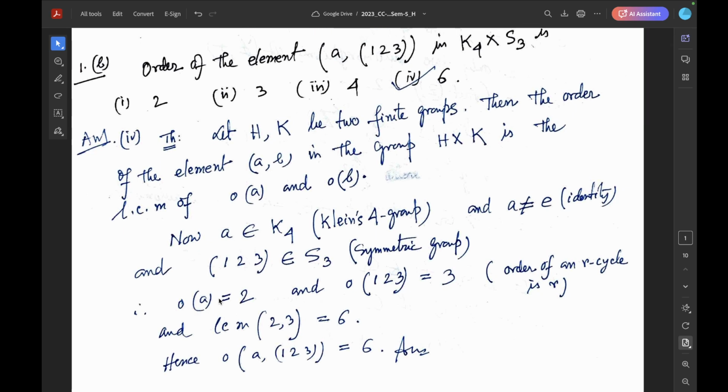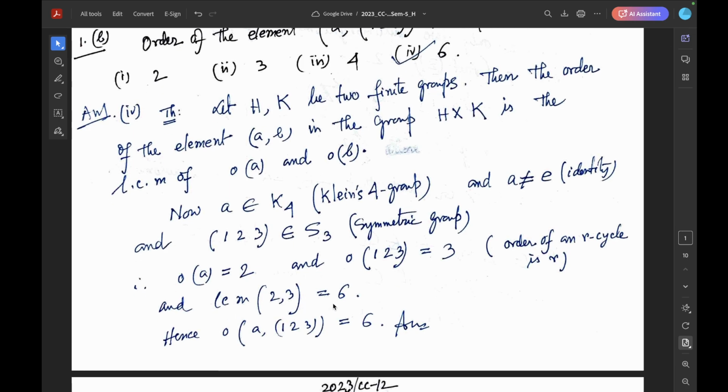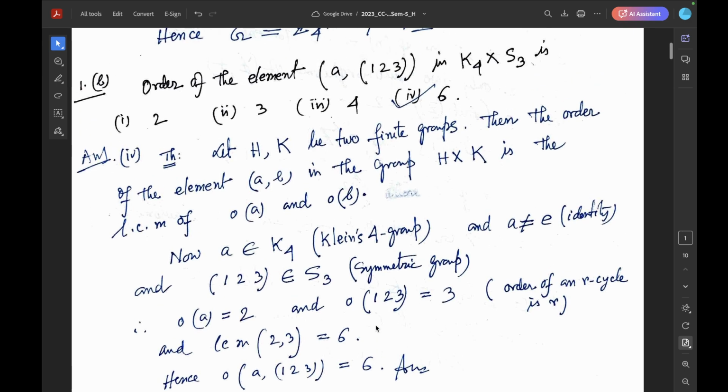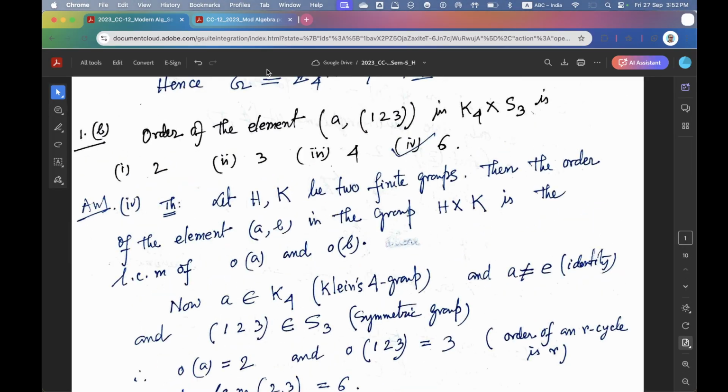Order of a equal to 2, because a belongs to the Klein 4-group and every element other than the identity has order 2, and order of the permutation (1 2 3), a 3-cycle, the length of the 3-cycle, is equal to 3. And LCM of 2 and 3 is 6. So order of this element (a, (1 2 3)) equal to 6. And correct option is 4.